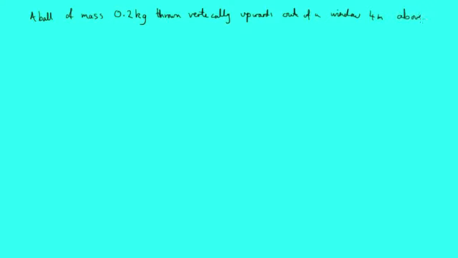So let's consider a ball of mass 0.2 kilograms, and it's thrown vertically upwards out of a window 4 meters above the ground.